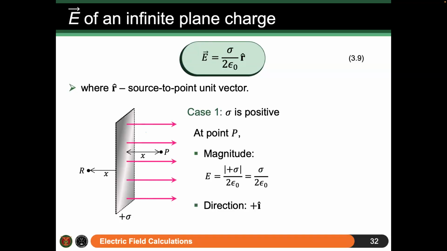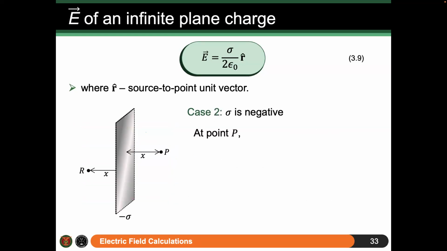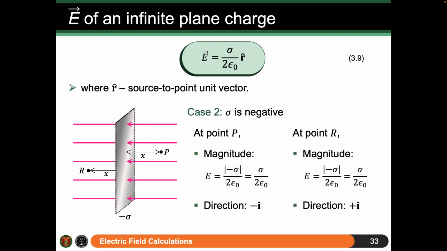But what we get is the same, except for the direction. The magnitude is sigma over 2 epsilon naught, with direction outwards from the source if sigma is positive. If sigma is negative, the direction is inwards. And you can see uniform electric field lines, perpendicular to the plane.